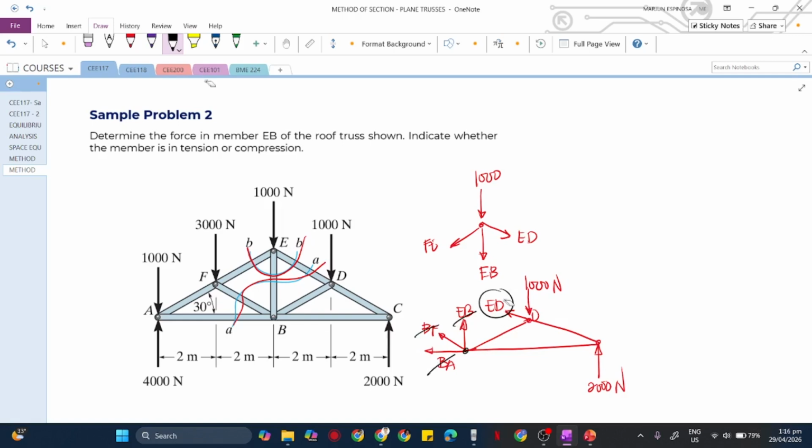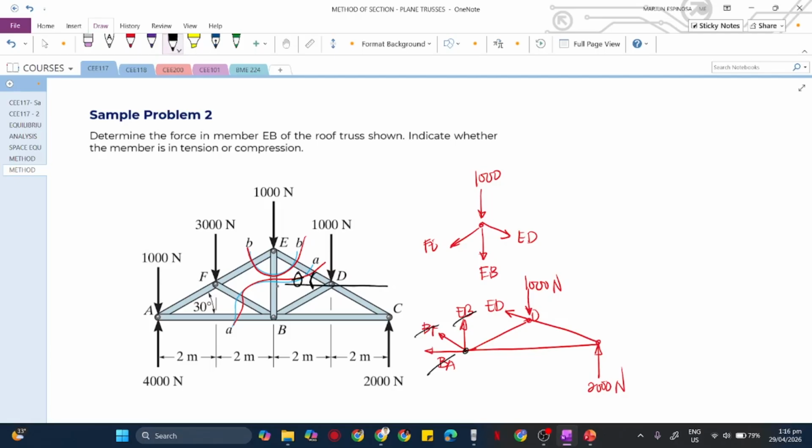So we also need to determine this angle. Remember, this is the angle of ED with respect to the horizontal. If we draw a horizontal here, this is the angle we will get.